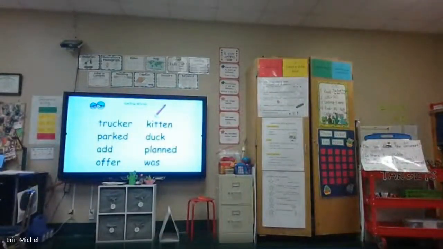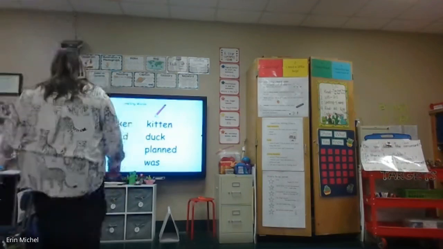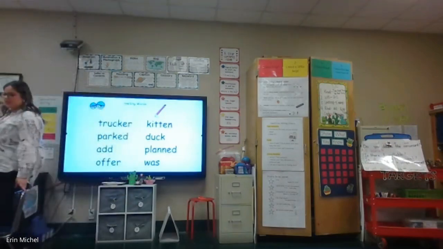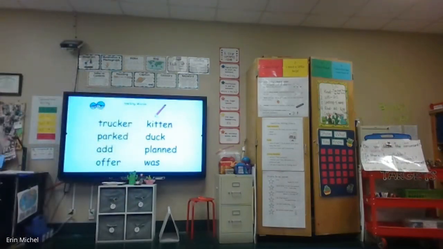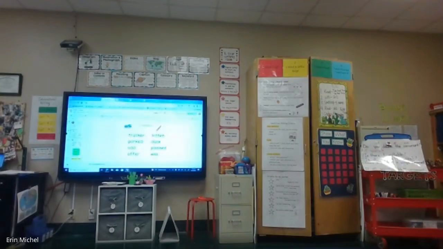We put them up. Passers. We are going to complete our extended sheet and our word sort sheet.